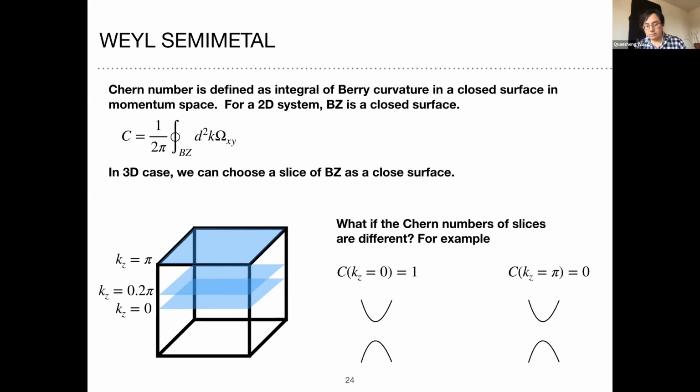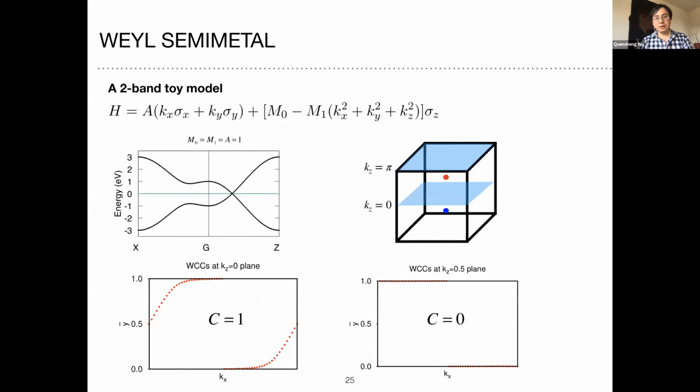Actually, this is not possible, because we know that the Chern number is protected by the gap. So it means that if the system remains always gapped, then the Chern number will not change. So it changed. So there must be some gaplessness between this plane and this plane. So this is how Weyl points come out.